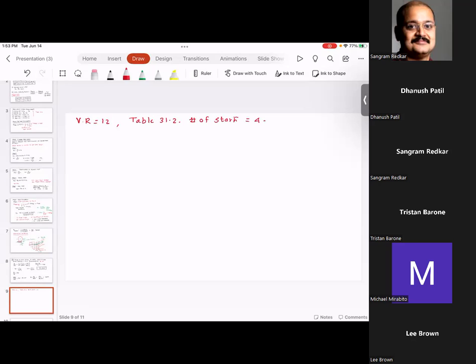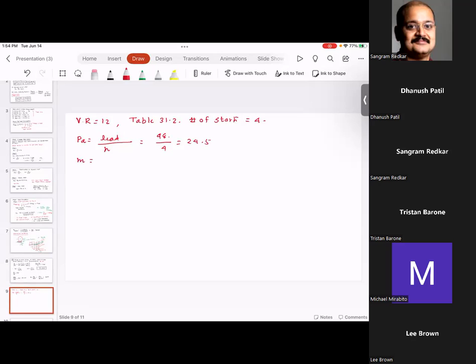So we can assume 4 starts, and we can find out the pitch. Pitch is equal to lead divided by number of starts. The lead is 98.2, 98 divided by 4, which is about 24.5.